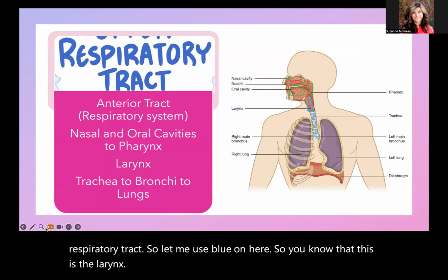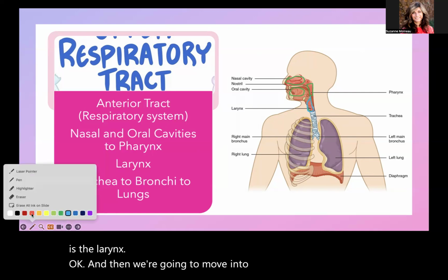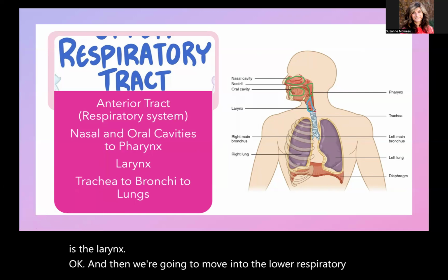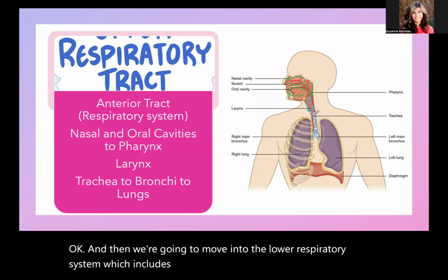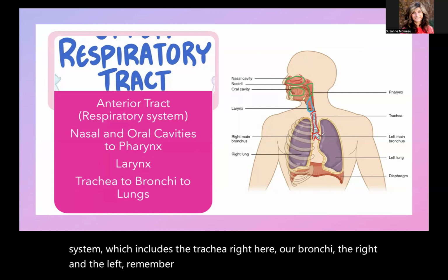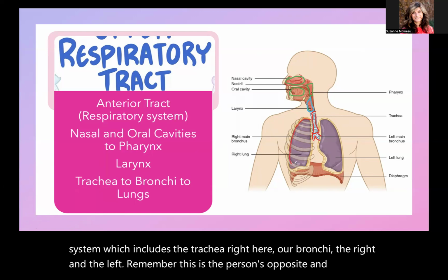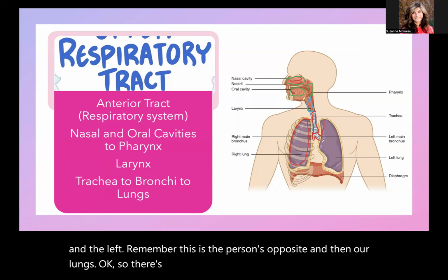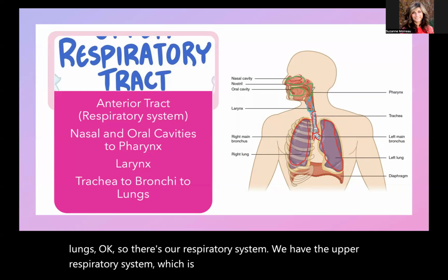Okay, and then we're going to move into the lower respiratory system, which includes the trachea right here, our bronchi, the right and the left. Remember, this is the person's opposite, and then our lungs. Okay, so there's our respiratory system. We have the upper respiratory system, which is nasal, oral, and pharyngeal.